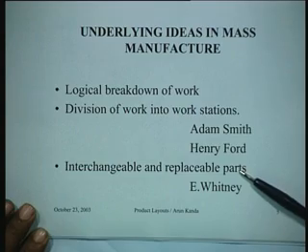For instance, if you look at the assembly of, let us say, Maruti cars, the person who has to fit the 4 tires onto the wheels of this particular car, he can pick up one particular wheel, put it on, put the second wheel, put it on, third wheel, put it on. He can take any one of the wheels from the pile of wheels which is lying with him. Why is this possible?